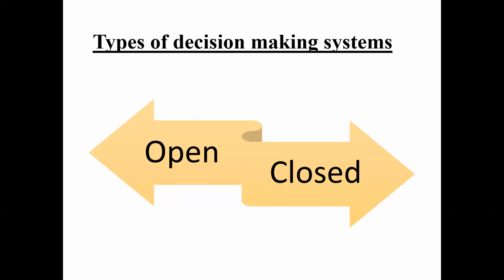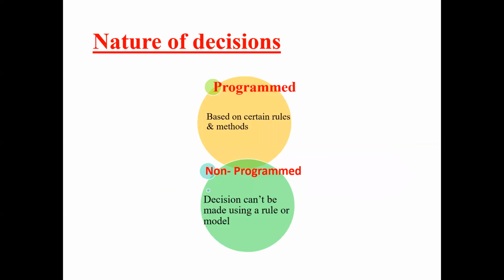Whereas if we talk about the closed one, you have a set of alternatives and you know what would be the possible outcome. Along with that, you have a set of models to determine or to rank the alternatives you have. So you will choose the best alternative among the alternatives.